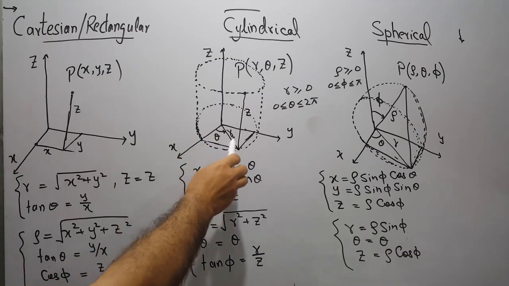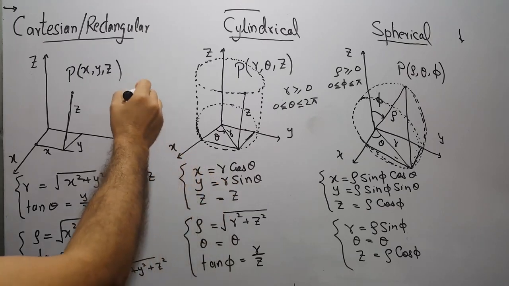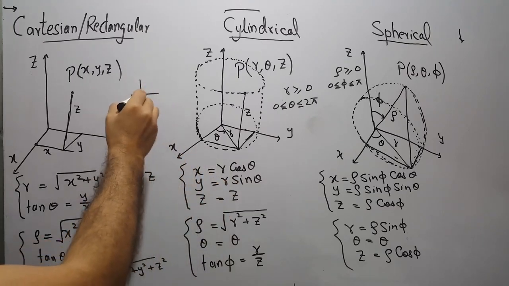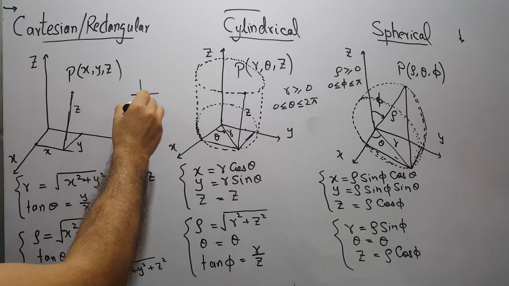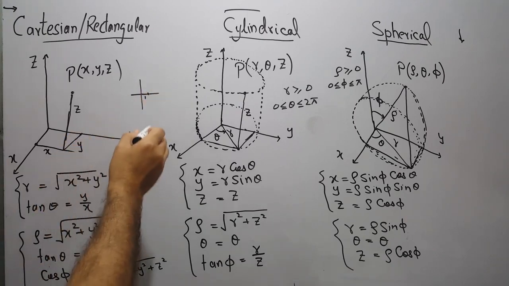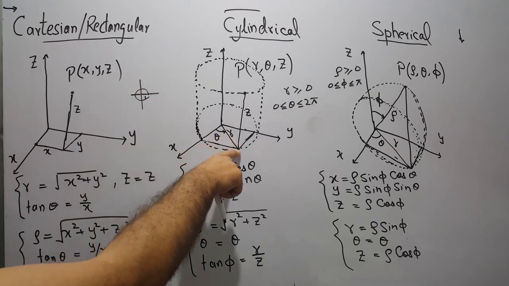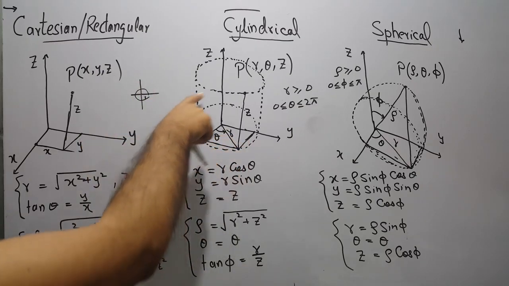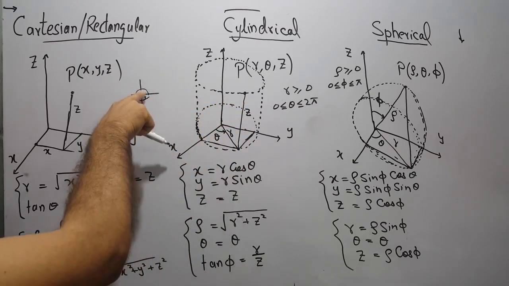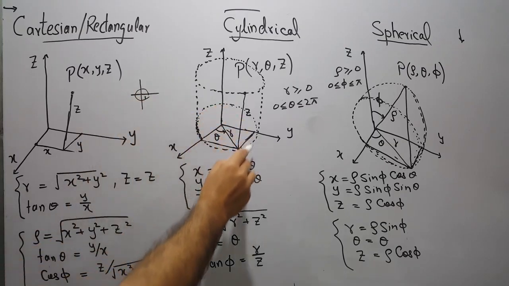Now you can see that on the xy plane, if you have r as, for instance, 1, if you have a radius of 1, then it makes a circle. So this would make a circle.